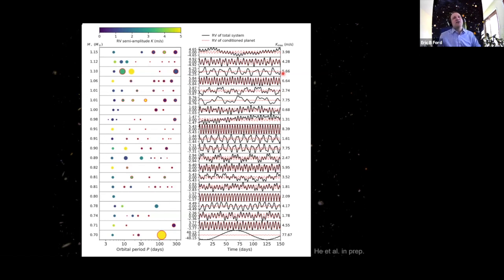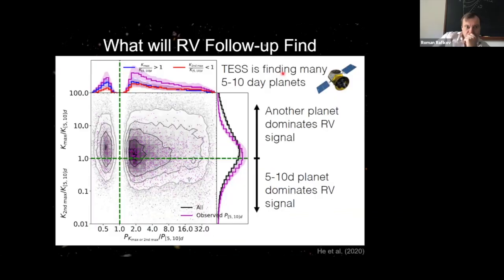And that's sort of a key lesson from the Kepler systems. Another question you might ask is, if I imagine there's a planet, again, here I picked 5 to 10 days, and I say, well, where are those other planets, and how do their amplitudes compare to that of the transiting planet in terms of RVs? The top histogram here shows you the period distribution relative to the period of the planet that we conditioned on.